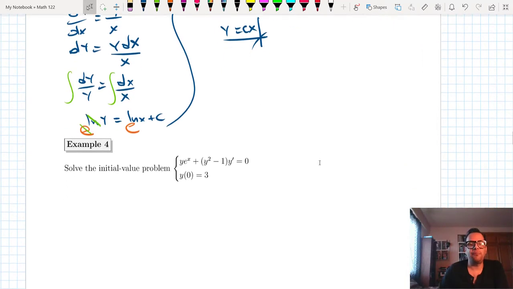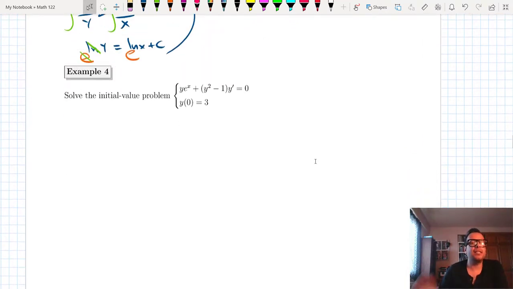So let's see. Let's look at an initial value problem. An initial value problem will have more than one thing in it. It's going to look like a system of equations. So this is the actual differential equation, and this is the initial condition. So what are we going to do? For examples 1 through 3, we found the general solutions only, that is the family of solutions.